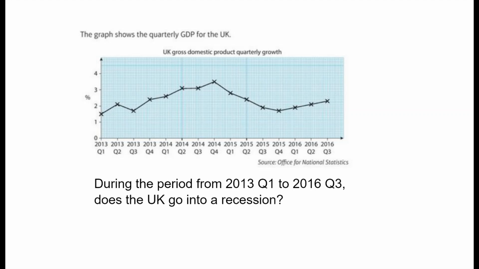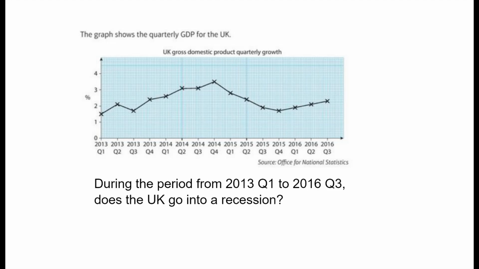Now we're going to look at one quick last example. So here the graph shows the quarterly GDP for the UK, but this time between quarter one of 2013 and quarter three of 2016. And it's asking us whether the UK goes into a recession. Now, if we follow the graph, we've got GDP percentage.